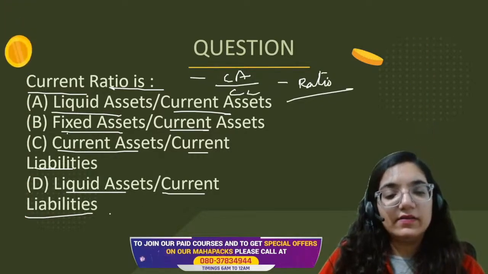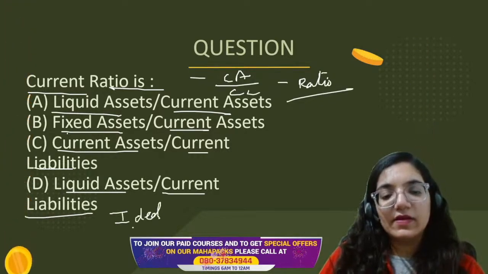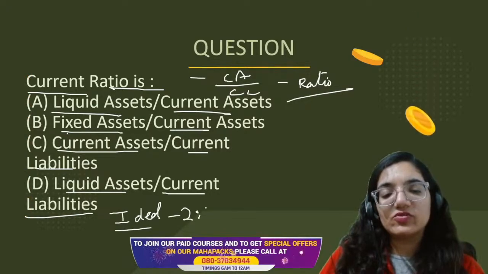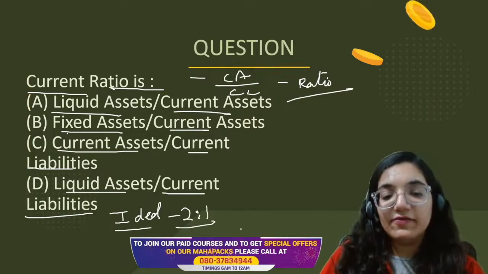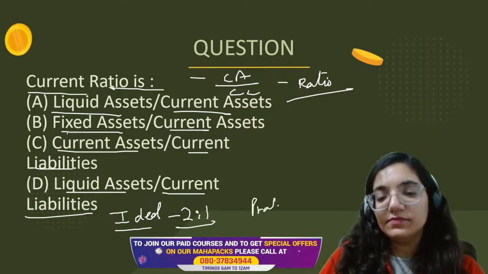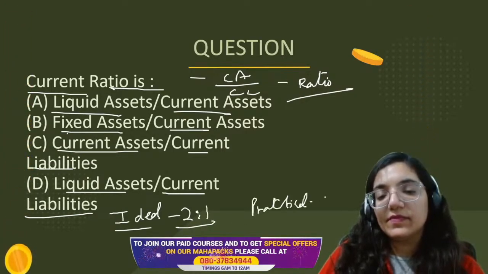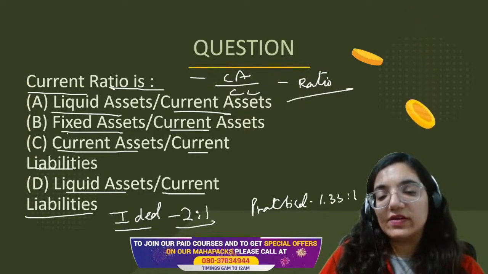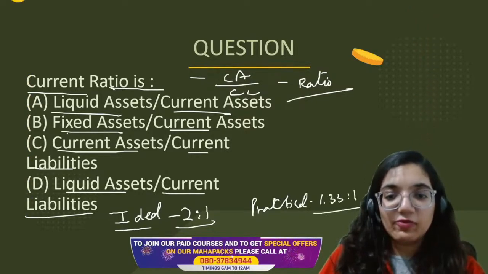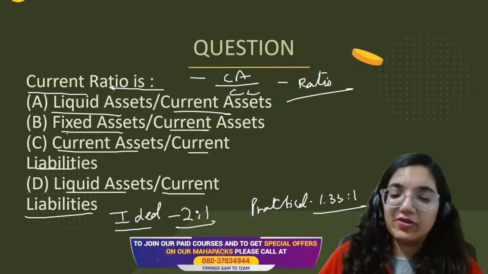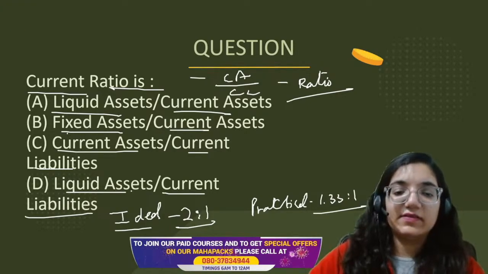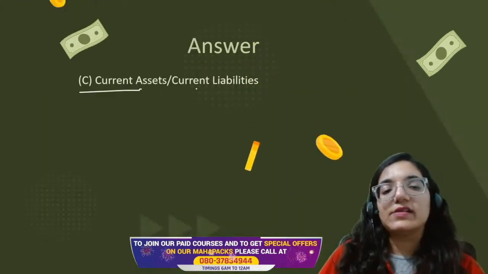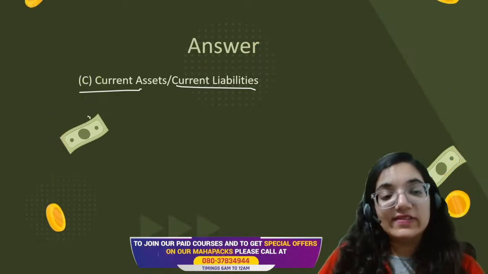The ideal current ratio is 2:1. In terms of books, it is 2:1. In practical life, it is 1.33:1. If you have to pay 1 rupee, you should keep it max 1.33, not more than that. The answer is current assets upon current liabilities. So this is current ratio.